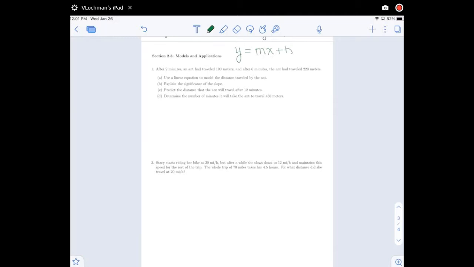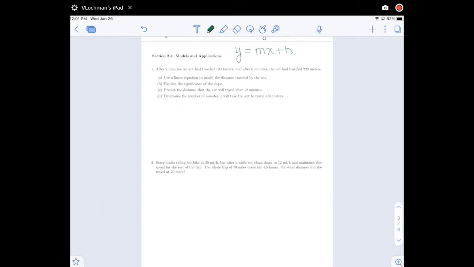You'll see that some of these problems will be financially related, others will be distance. This is a very popular topic to address when it comes to modeling. Then you'll see some geometry, but in general, many different things can be modeled with applications.